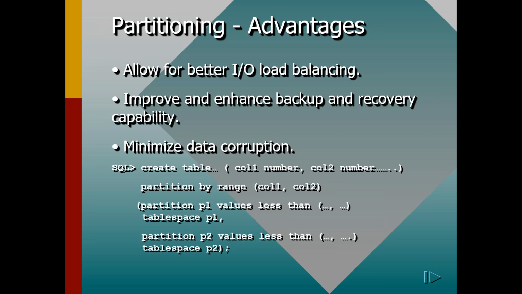So if we say values less than 100 in column 1, then all rows where the column 1 value is less than 100 will go in partition 1. Values between 101 and 200 can go in partition 2 and so on.